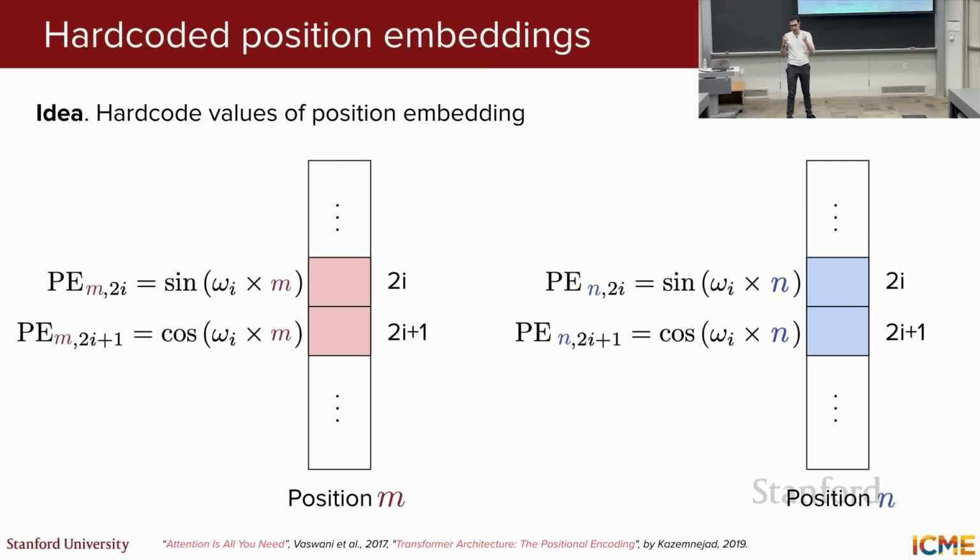Because if you think about it, what you want is to represent positions in a way that reflects the following fact: words that are close together are likely to be more relevant than words that are further apart. If you have two words that are one position apart versus 10,000 positions apart, you want the one that is one position apart to be more similar than the other one. So let's see if the formula makes sense.